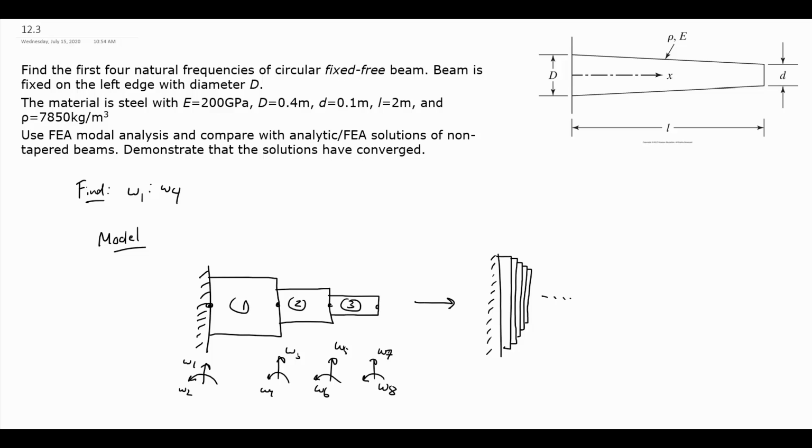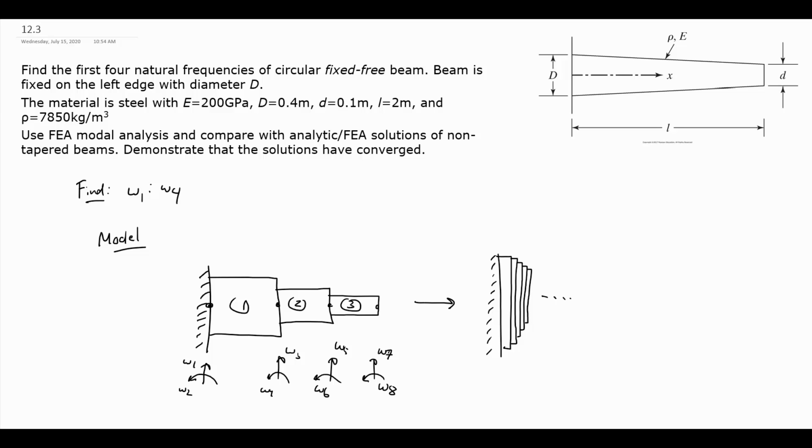And similar to how we did this for the axial version of the problem, we have some choices to make about how we are going to determine the cross-sectional area and the area moment of inertia for each of these elements, because we have to have it constant in the element itself, and that can change as we go to the next element. For the axial version, we had three more obvious ways we could approximate the radius and therefore what the area and the area moment of inertia was going to be.